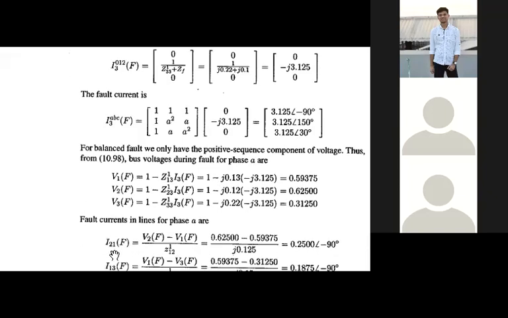Let's see, this one is the line current between buses 1 and 2 during fault. These are the two pieces of information, V2F and V1F. And the impedance, this is Z in a small letter, right? That means your impedance information, not the matrix information. And what about Z12?